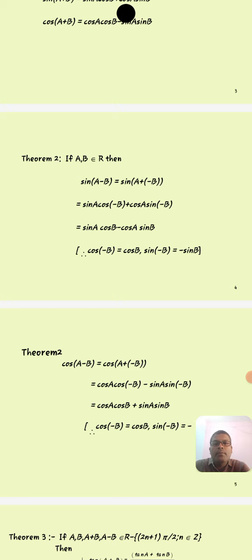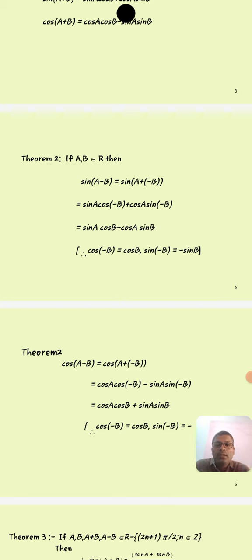Then we apply the sine of a plus b formula, so sine a cos of minus b plus cos a sine of minus b. Cos of minus b is always cos b, sine of minus b is always minus sine b. So we get sine of a minus b is equal to sine a cos b minus cos a sine b.